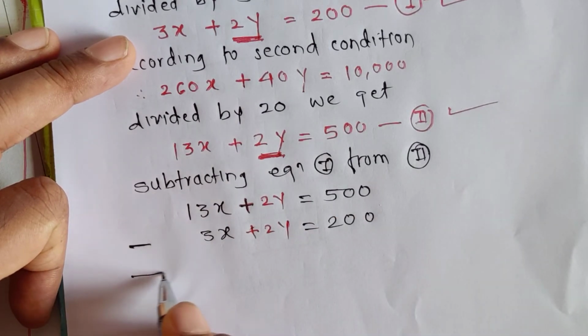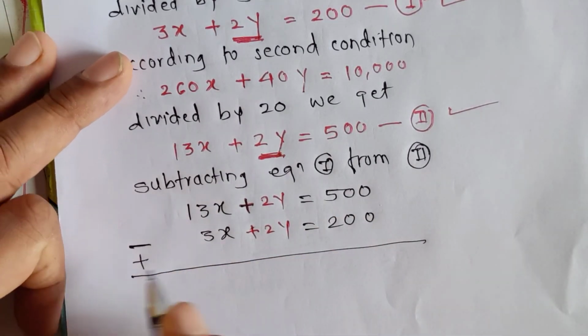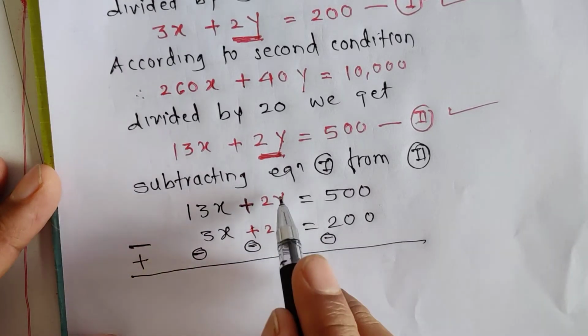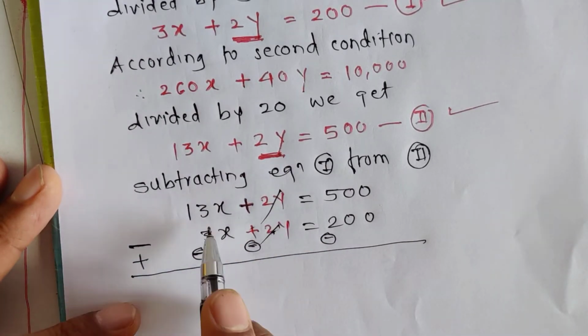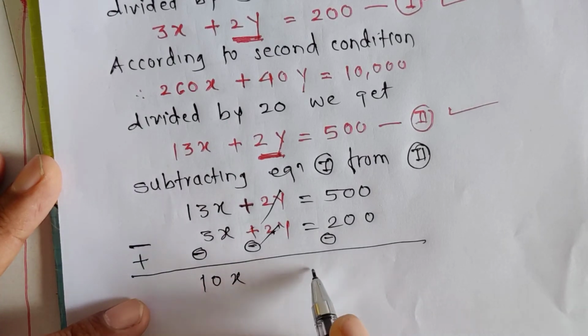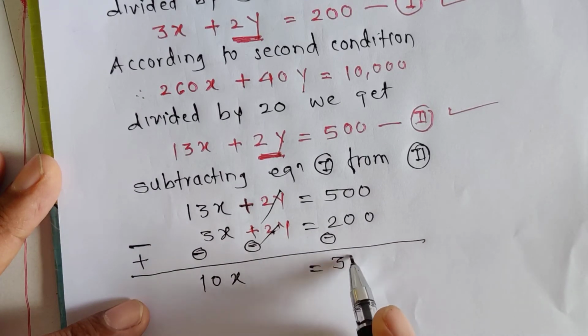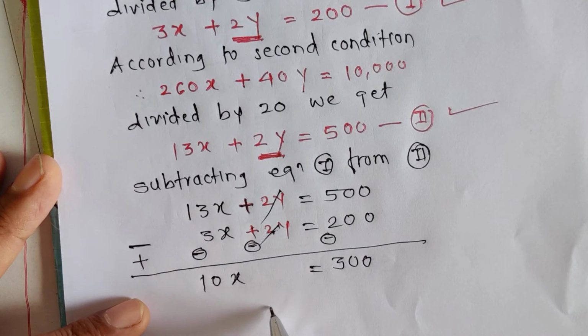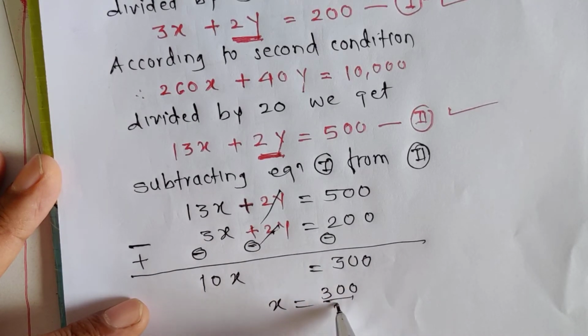Now subtract means add and change the sign of the second term. So here 2y and 2y get cancelled. 13 minus 3 we get 10x is equal to 500 minus 200 is 300, and therefore x is equal to 300 divided by 10. x is equal to 30.